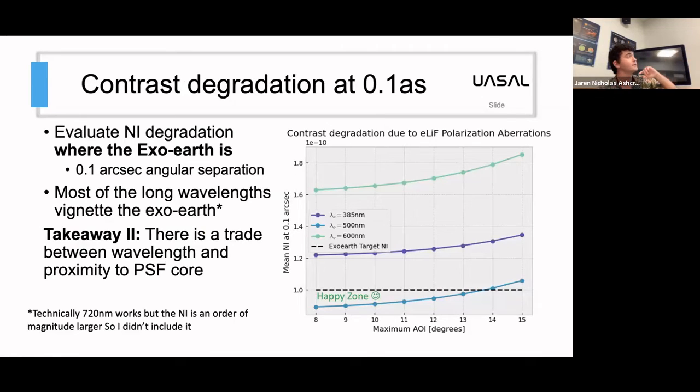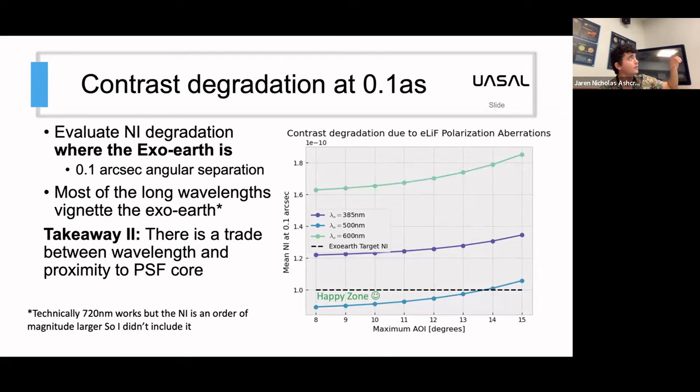If we do that, what we find is that, for a lot of the longer wavelengths, this exoplanet is vignetted behind the focal plane mask entirely. But for these short wavelengths, 385, 500, and 600, the polarization aberrations at this angular separation are much smaller, more on this 10 to the -10 level.